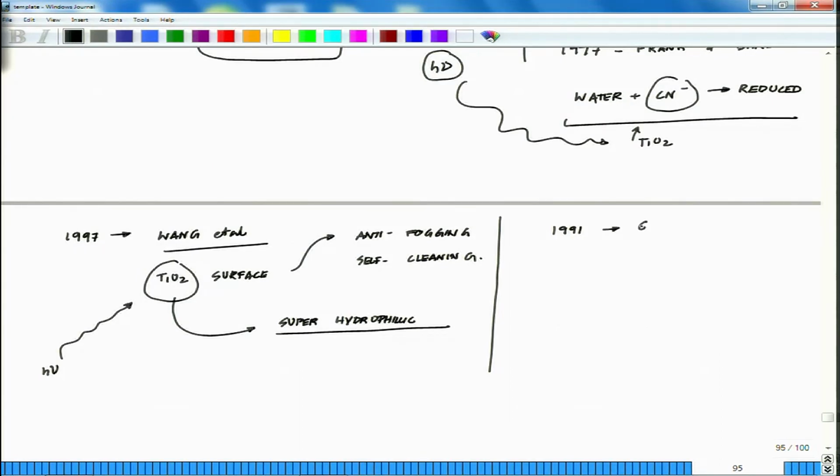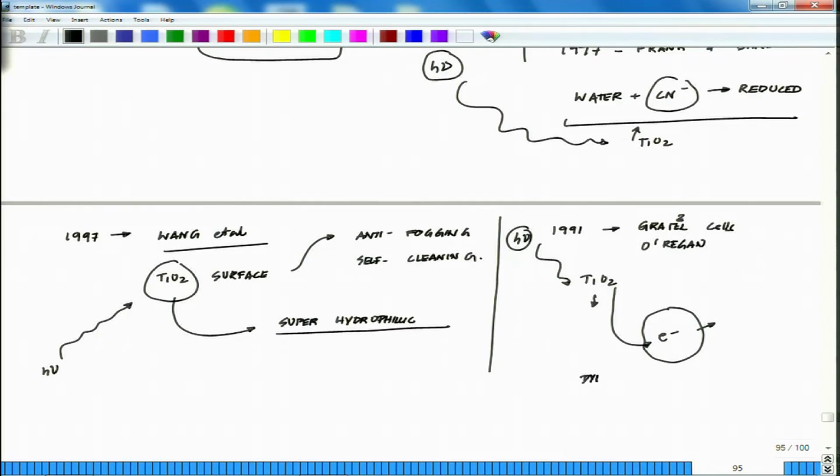The dye-sensitized cell is called the Gratzel cell, reported by Gratzel and O'Regan, because when light is falling on TiO2, it generates an electron, and this electron could be incorporated into a dye-sensitized solar cell. We will talk about this a little bit more.